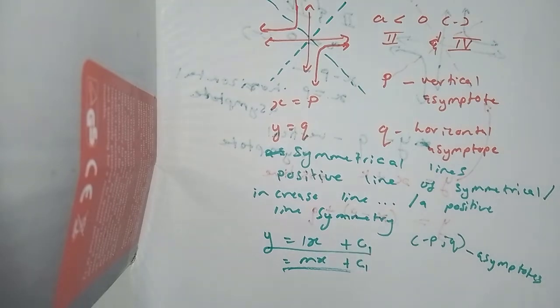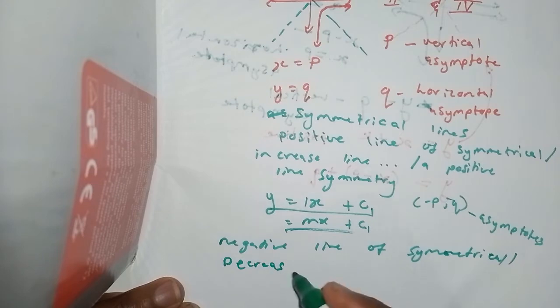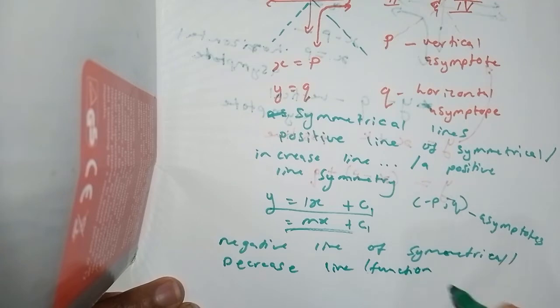Okay, now, let's continue. We have a negative 1 line of symmetry. Sometimes the symmetrical line is called a decreasing line or function, right?